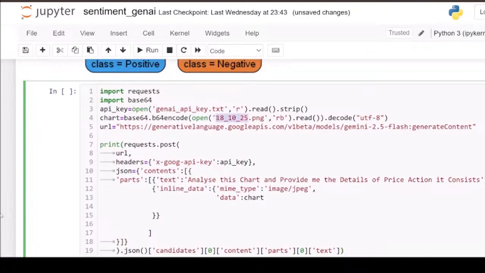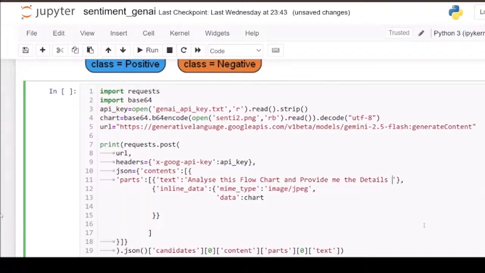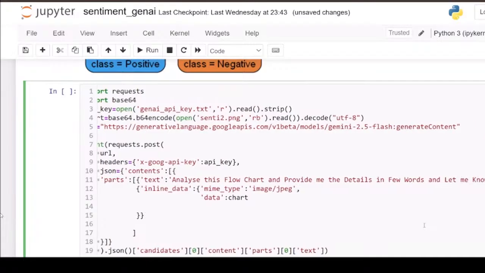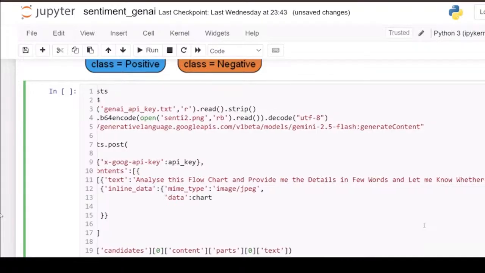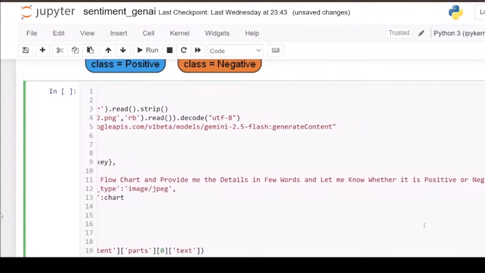We just have to say our flowchart name, that will be t2.png, and we have to say analyze this flowchart and provide me the details in few words, and let me know whether it is positive or negative.